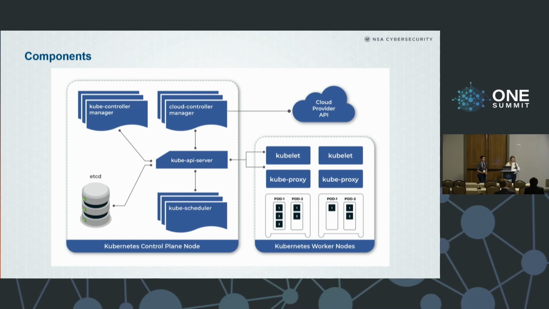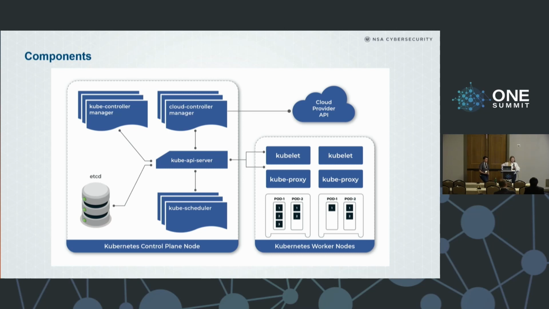The control plane is the management and control of the cluster. In it is the API server, which sends out the management commands, the etcd data store, which holds the state information for the cluster, and the scheduler, which load balances the pods onto the worker nodes.